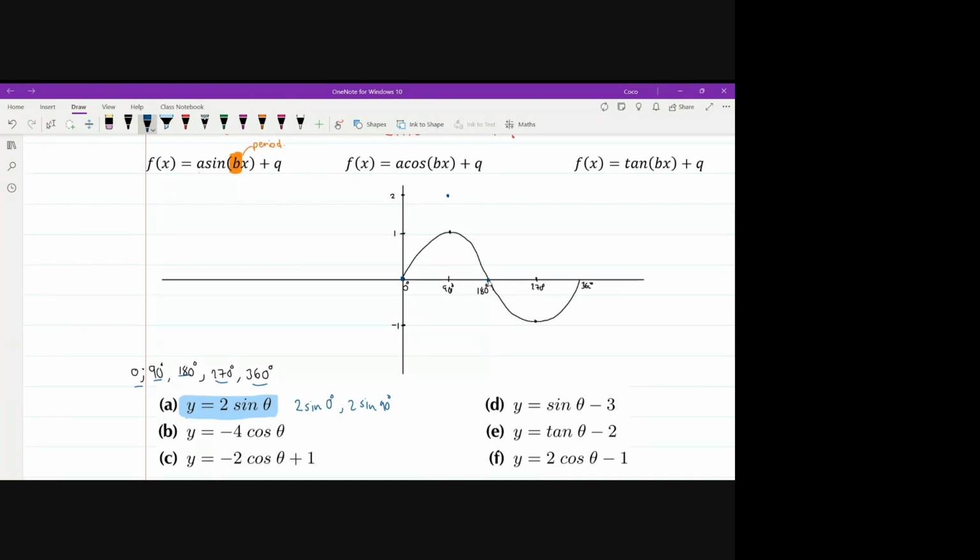Good. At 270, it's -2. Good. And at 360, it's 0. Lovely. I just need to double check before we move on.